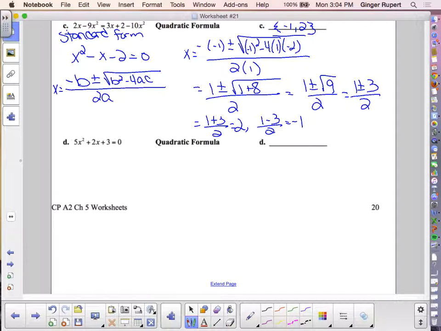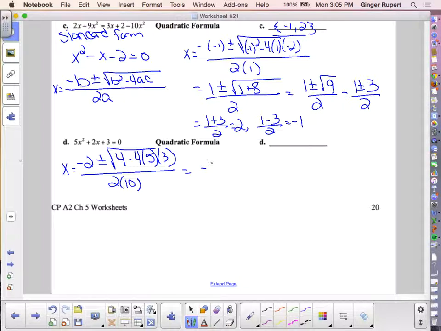D, same thing, I'm already in standard form. So x is equal to -2 plus or minus the square root of 2 squared, which is 4, minus 4 times a times c all over 2 times a.